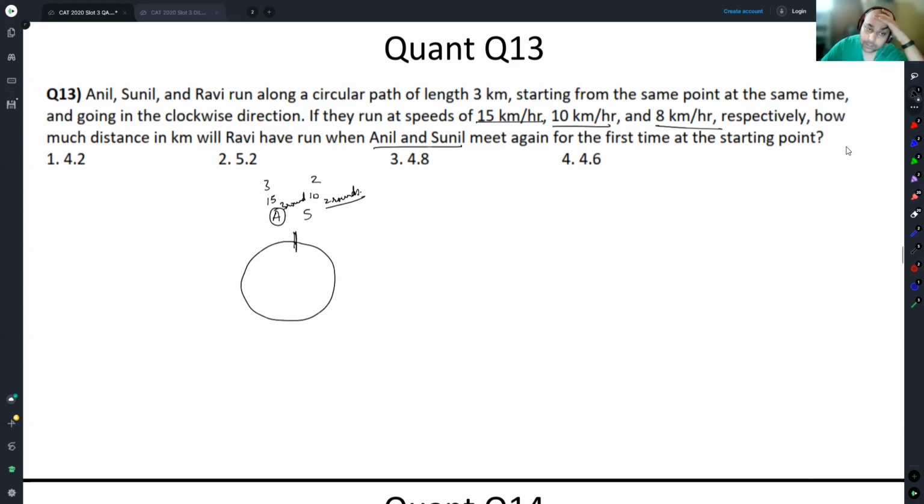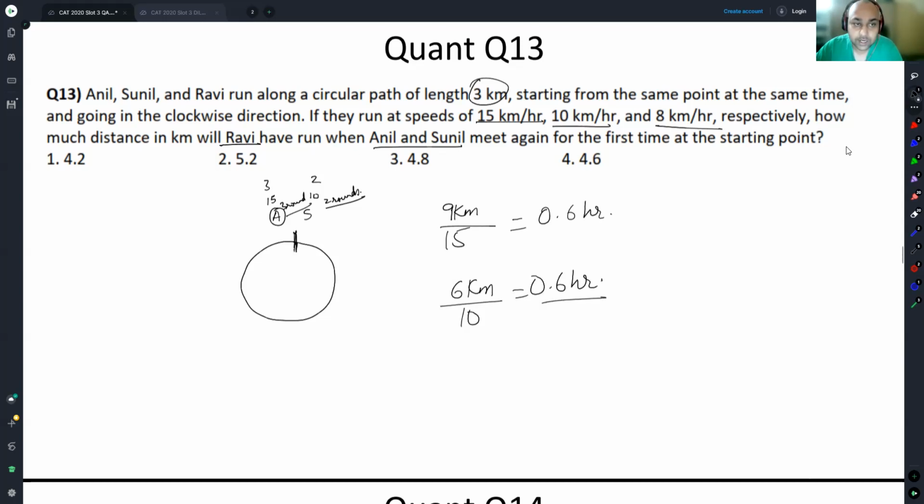And that is when they will meet at the starting point. So how much time will it take for 3 rounds? 3 kilometers is 1 round. So 3 rounds will be 9 kilometers. 9 kilometers at the rate of 15 kilometers per hour is 0.6 hours, or 6 kilometers at the rate of 10 is 0.6 hours.